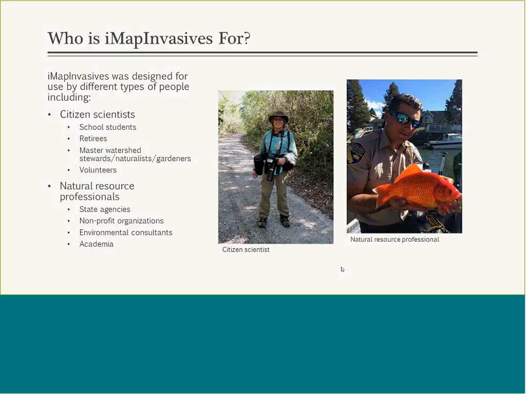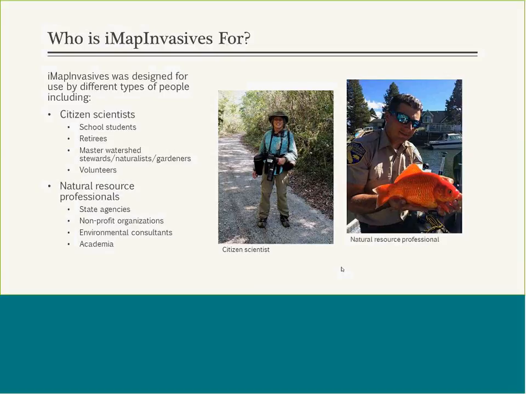We also have folks that are part of the natural resource industry. That would include state agencies like the Fish and Boat Commission, the PA Department of Environmental Protection, and the Department of Conservation and Natural Resources. These are all state agencies that would find a use for the iMap program.